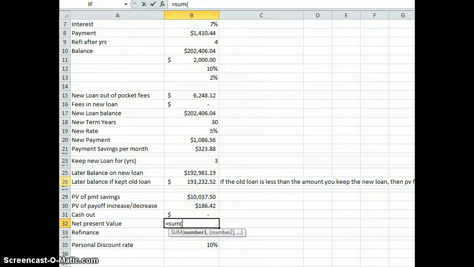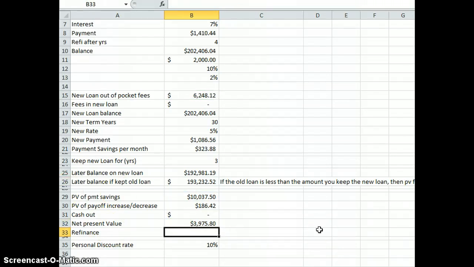So we're going to add these two, and then subtract our out-of-pocket and add in if we had any cash out. So that's the net present value.